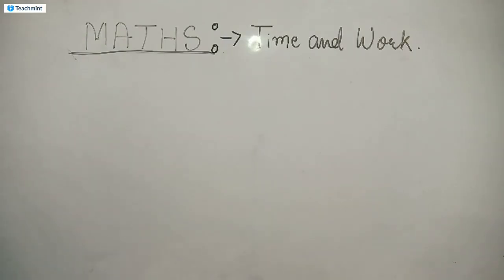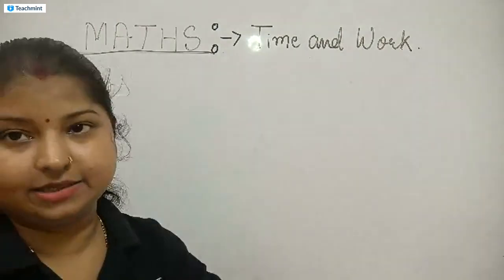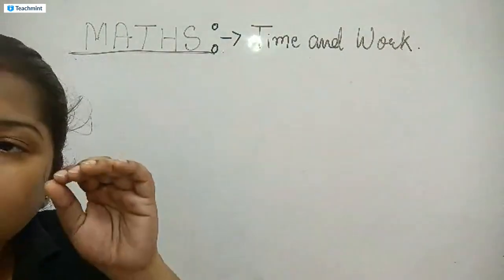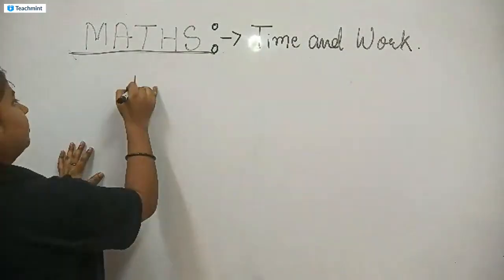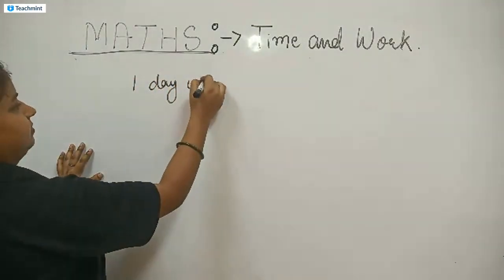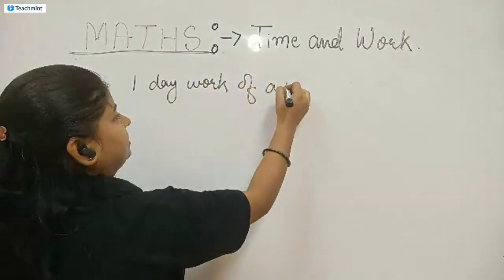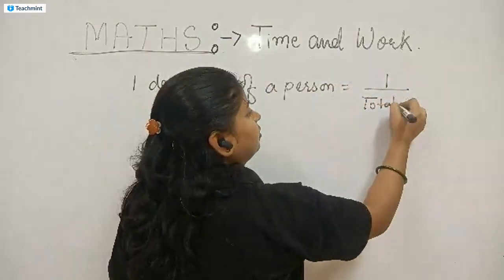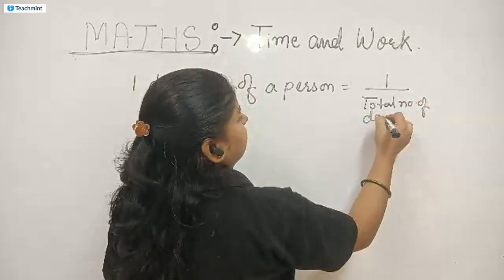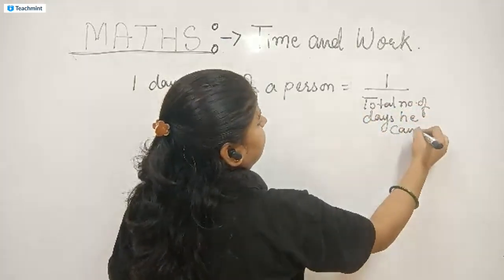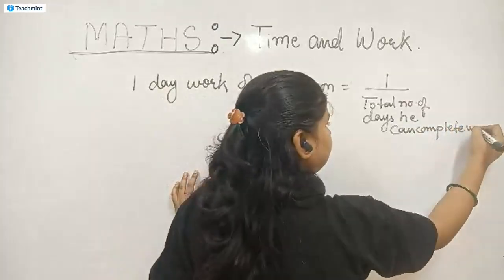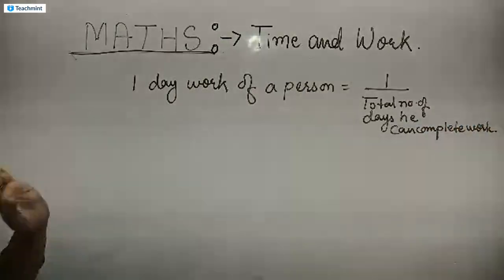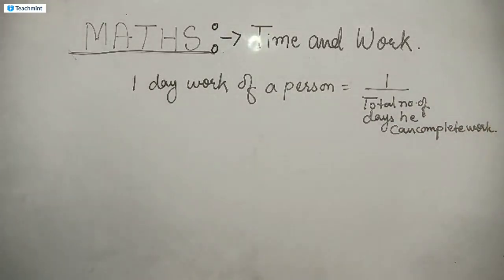But if I talk about the formulas, the formula is very simple. 1 day work of a person is equal to 1 upon total number of days he can complete the work.